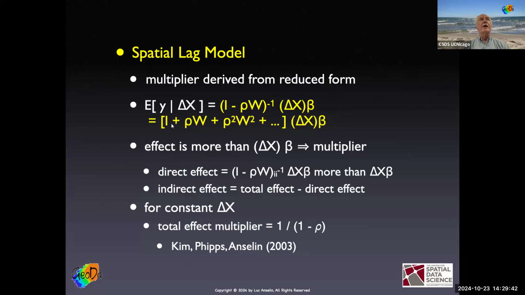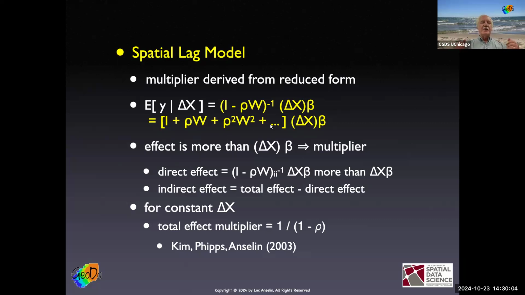So then, as a result, the effect of a change of x is for the location itself, for the first order neighbors, for the second order neighbors, and so on. The overall effect is more than beta, and that's the spatial multiplier.